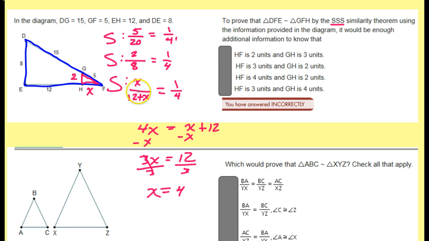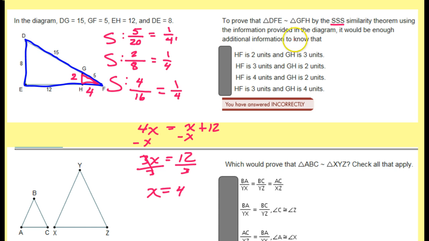So that makes this HF be 4, and this is 12 plus 4, which is 16. And of course 4 over 16 does reduce down to 1/4. So now I have everything I would need. This is what would have to be true if I were going to prove these similar by side-side-side.